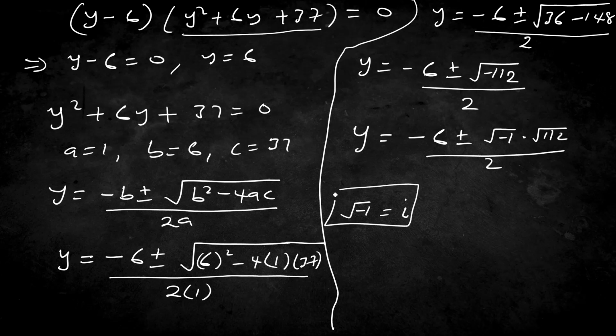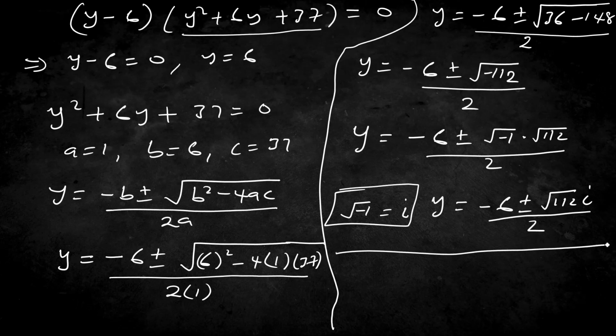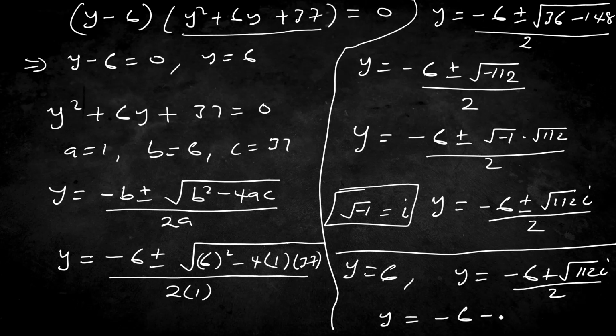That's the complex numbers. So my y here will be minus 6 plus or minus the square root of 112 i on 2. So we have 3 answers. The first one is y equals 6. The second one will be minus 6 plus the square root of 112 i on 2. The third one will be y equals minus 6 minus the square root of 112 i on 2.